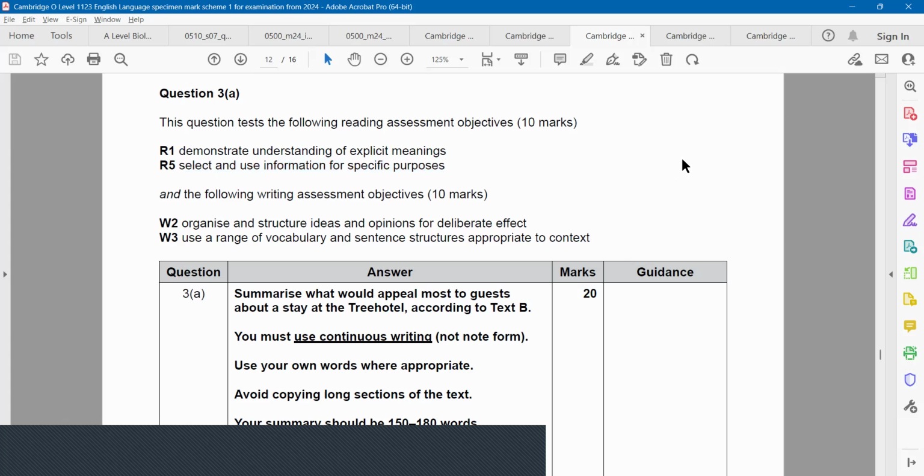Also, because you're supposed to structure it properly and use your own words while writing the summary as far as possible, your writing objectives are organizing and structuring ideas for deliberate effect, so being able to write a proper, well organized summary, and then using a range of vocabulary and sentence structures appropriate to context. That's the writing in your own words concept. So those are the skills and objectives that will be tested in question 3A.